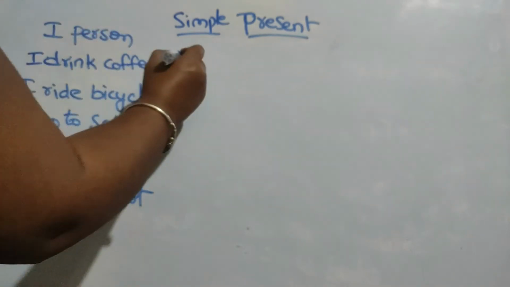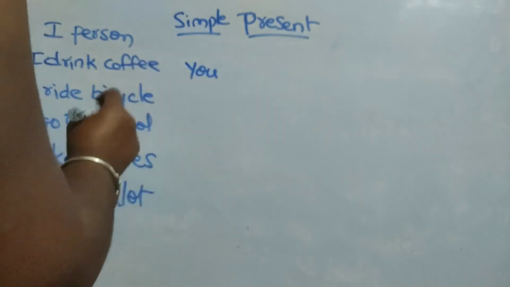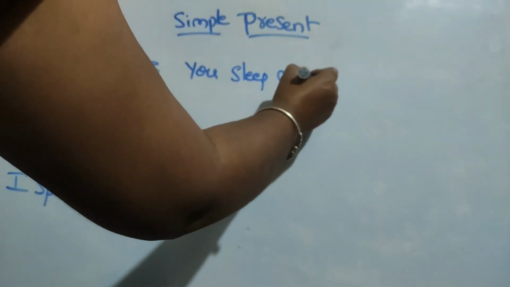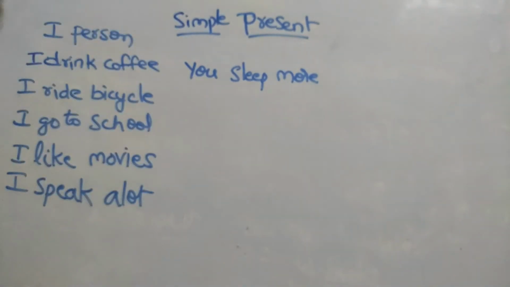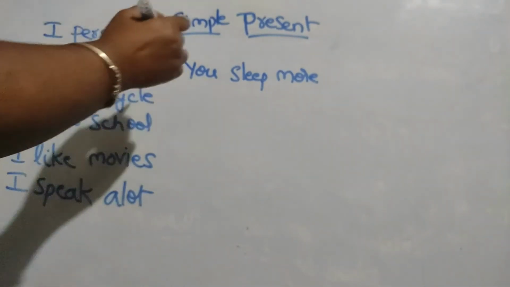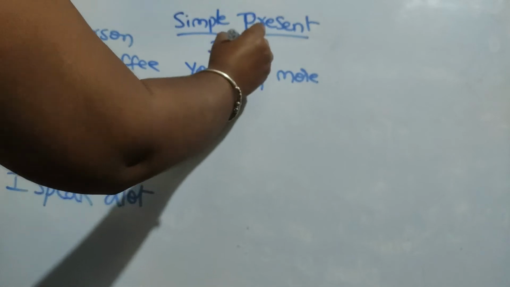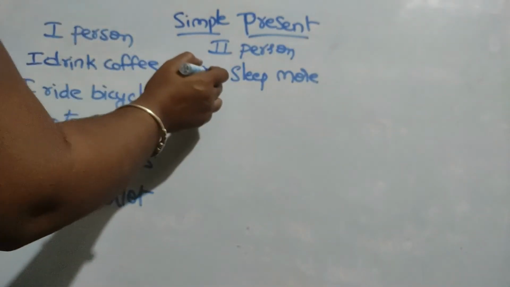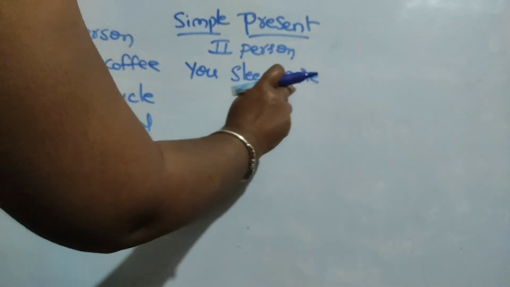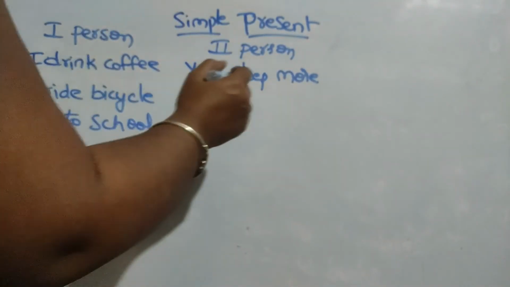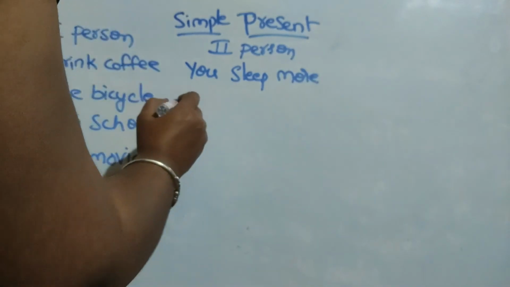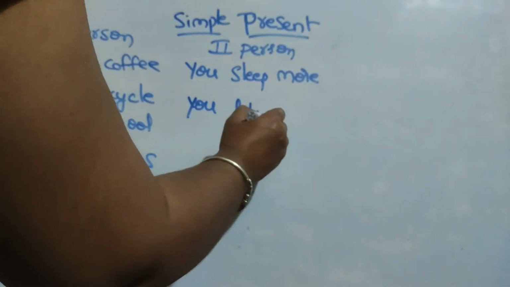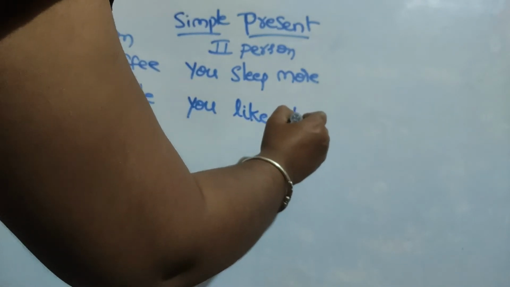Now second person: you sleep more. It's your habit I am talking about. The person who is in front of me is the second person. So second person singular, whenever I am talking about a person in front of me, we speak with you: subject plus verb plus object. You sleep more. You like chatting.